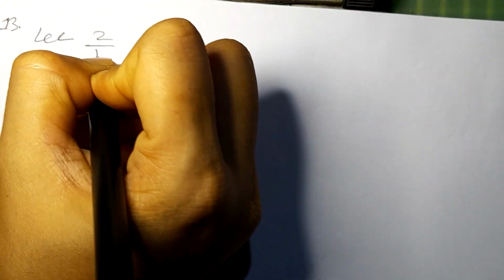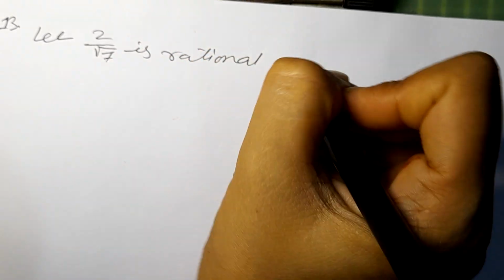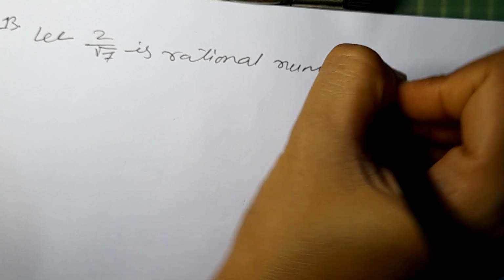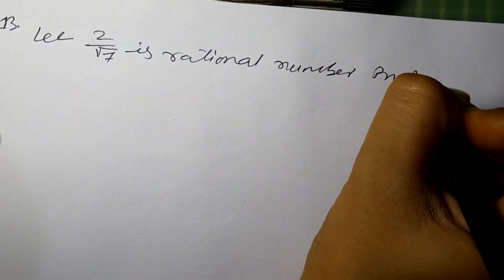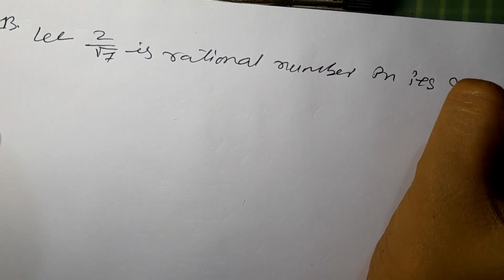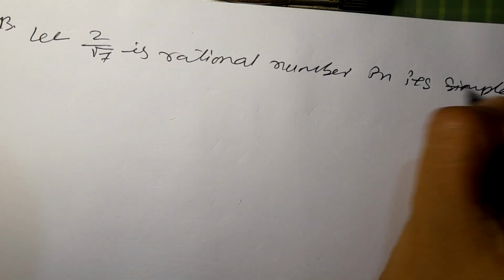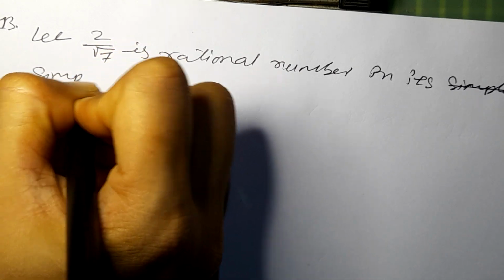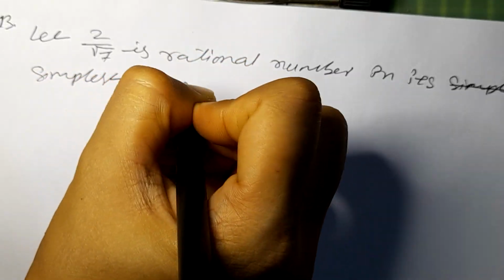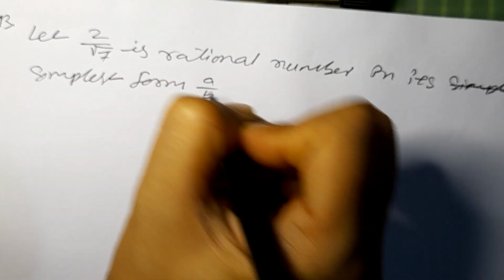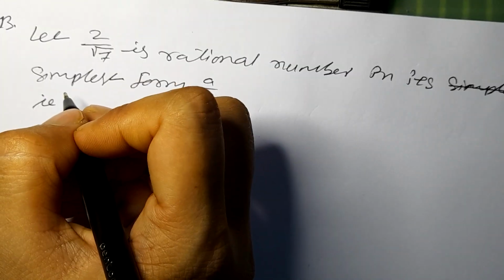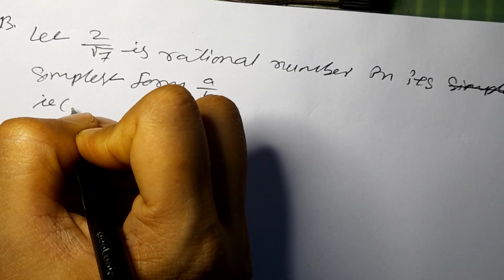If possible, let 2 by root 7 be a rational number in its simplest form, a by b, where a and b are co-prime.